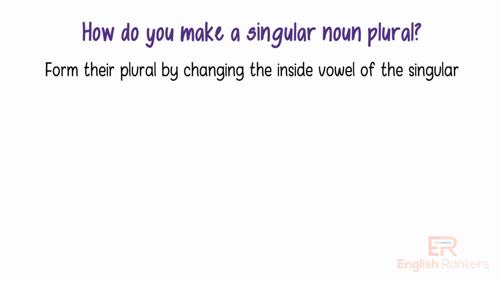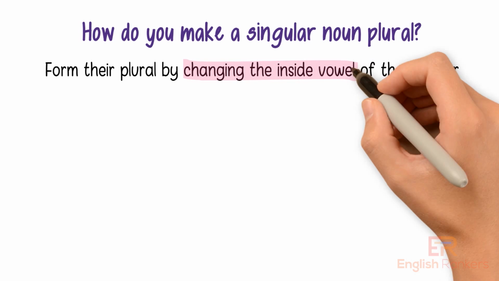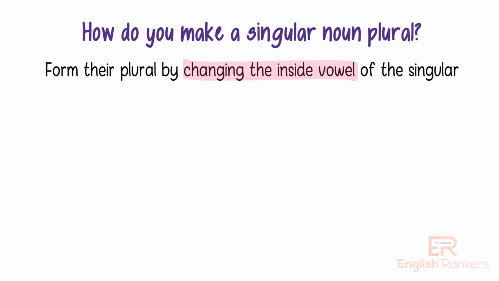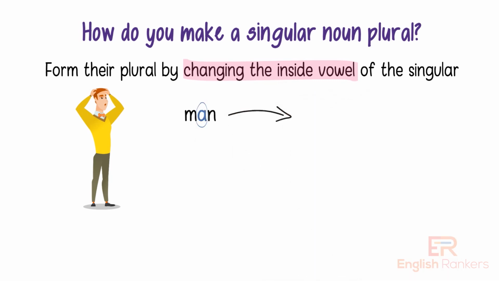A few nouns form their plurals by changing the inside vowel of the singular, as in man the vowel is A, so A will be changed into E, so man will become men.